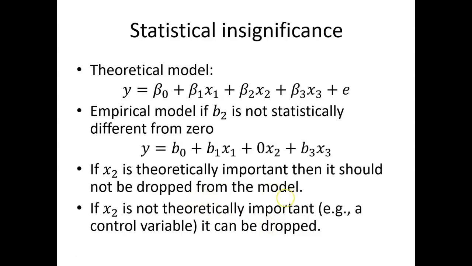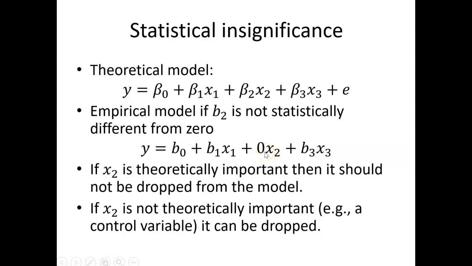One thing to think of: if X2 is theoretically important, then it should not be dropped from the model. So if Y is home sales and X2 is location, a bad location, then you might want to continue to include the X2 variable in the model, because it says that location really isn't bad.